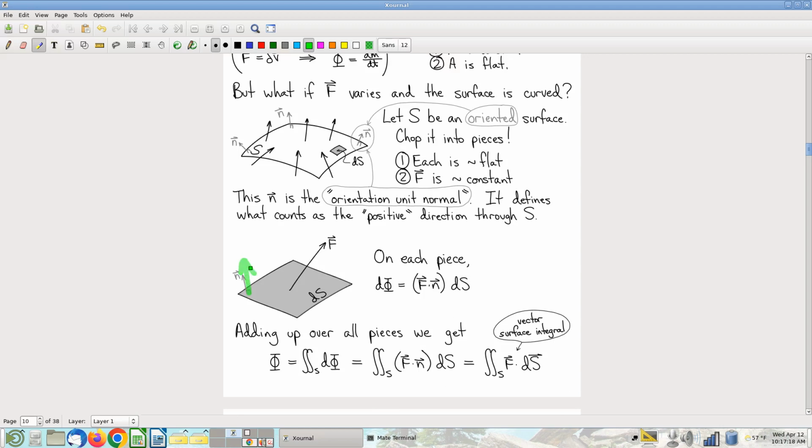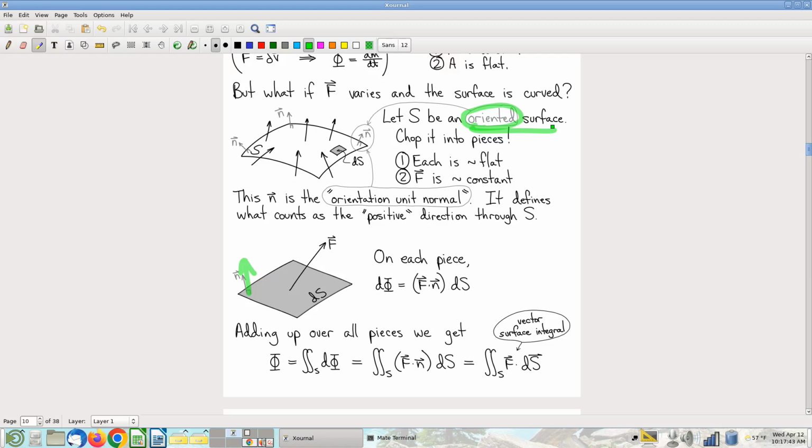Whichever of the two unit normal vectors you pick, that dot product's going to give you opposite values in either of these cases. So we have to decide, wait a minute, which one are we talking about? In other words, you have to talk about not a surface, but an oriented surface in order to make sense out of how to apply these tools we've been developing to flux specifically.